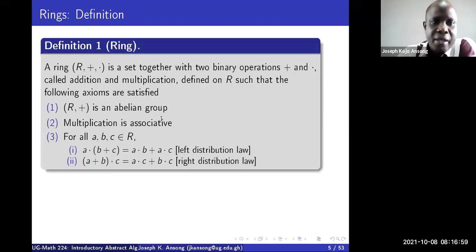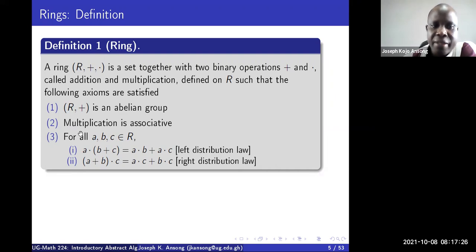Here it is. A ring is a set R with the operations of addition and multiplication, for which these axioms are satisfied. R with the addition has to be an abelian group.